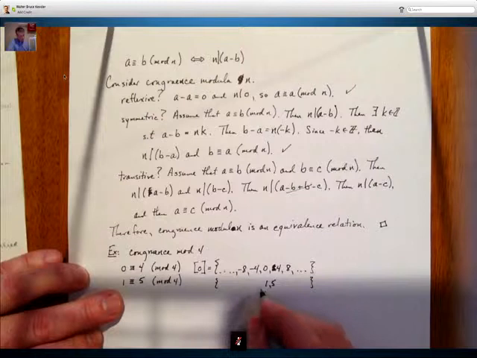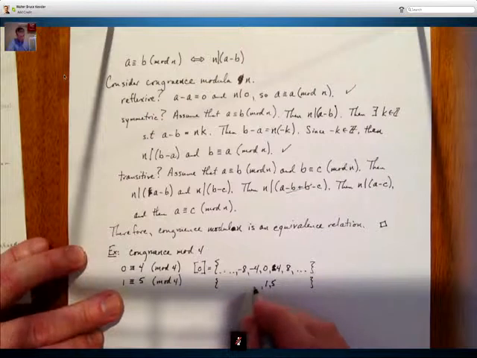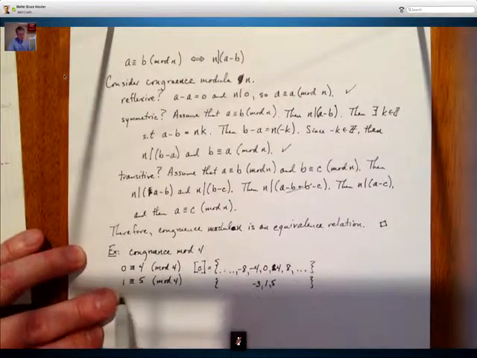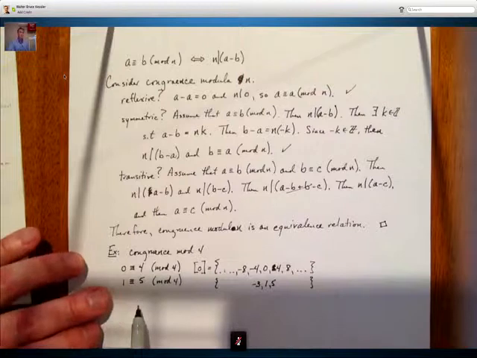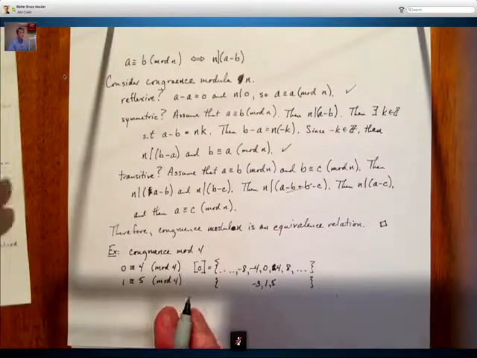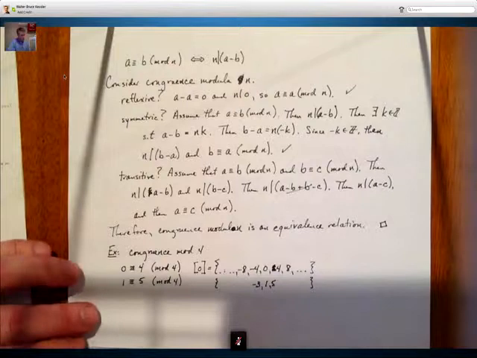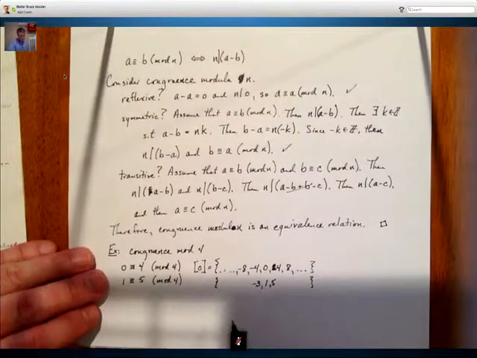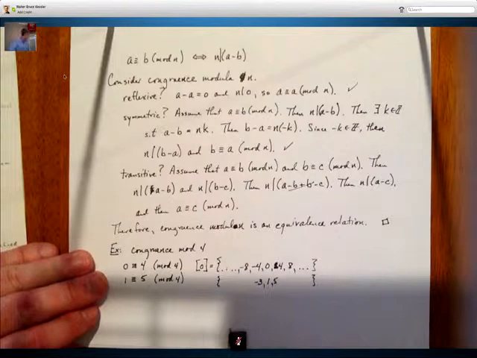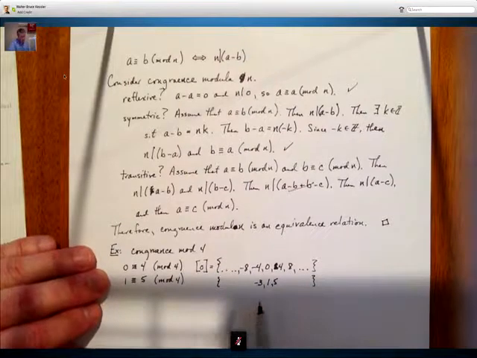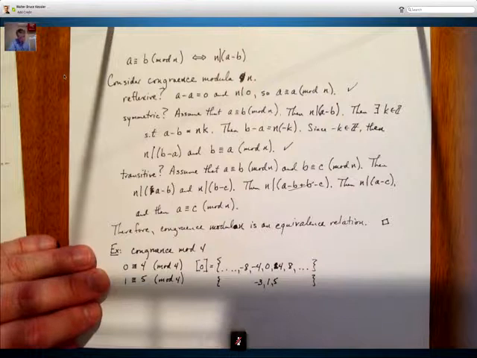But also negative 3, right? Because the difference between 1 and negative 3 is 4, okay? Or they have the same remainder there, okay?